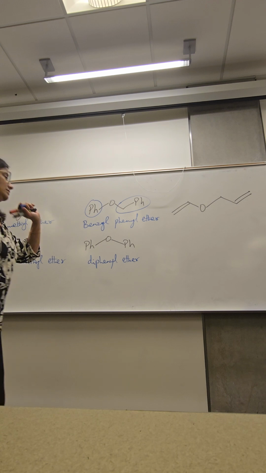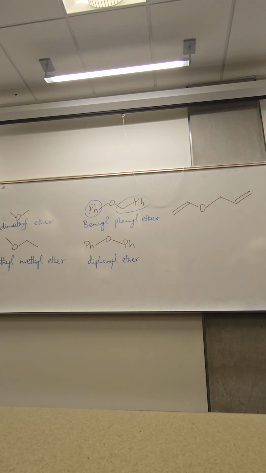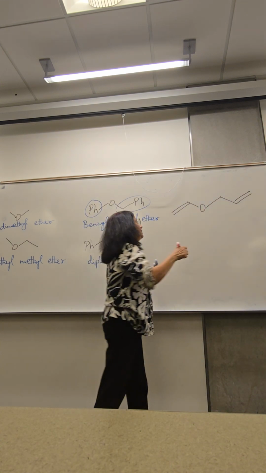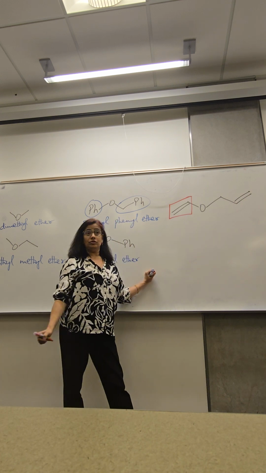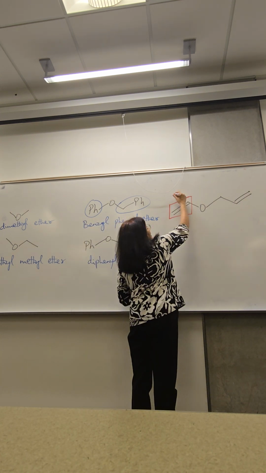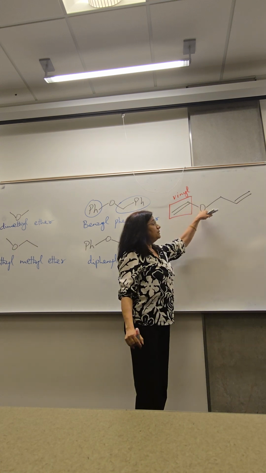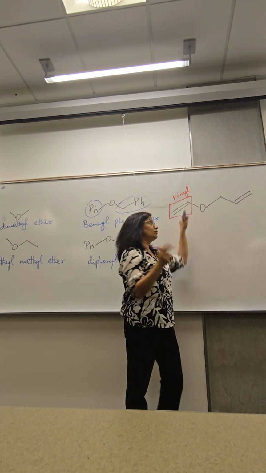Well, not so much. Now, you may not have seen, well, you kind of have seen it before, but not formally. Does anybody know what's the common name for this group? This is a vinyl group. Because the attachment is on the carbon, made up of two carbons, that's a vinyl group.